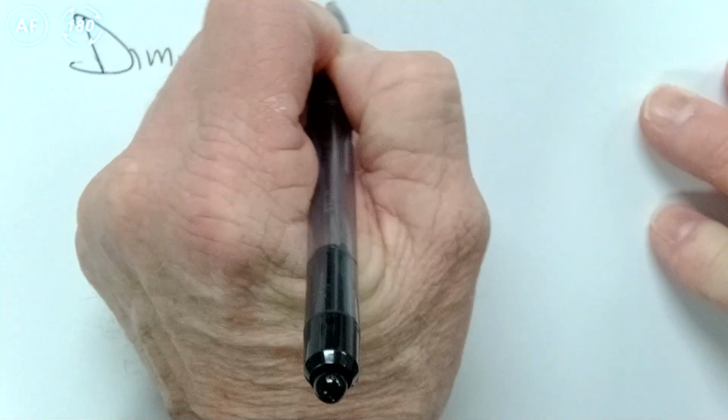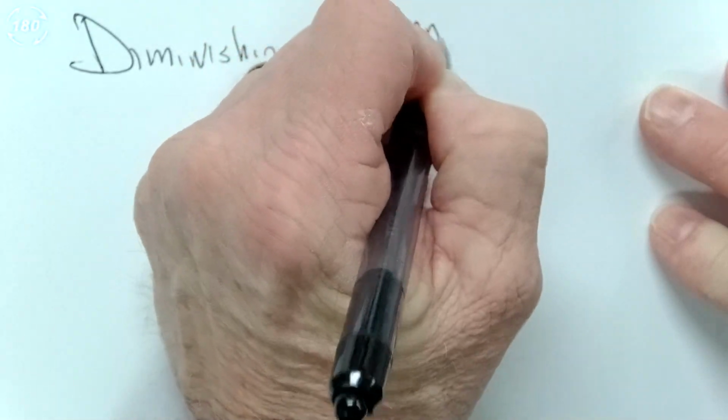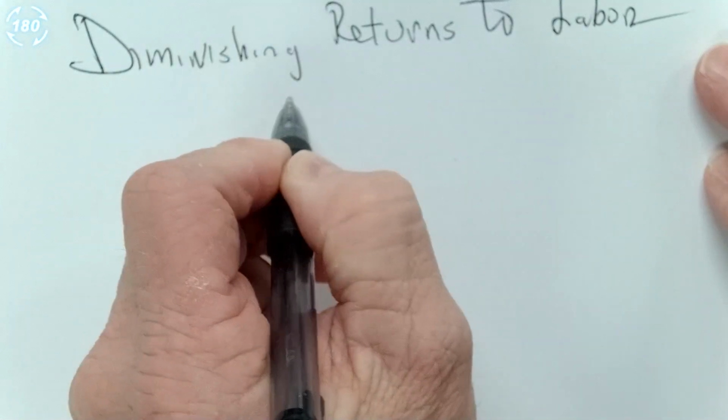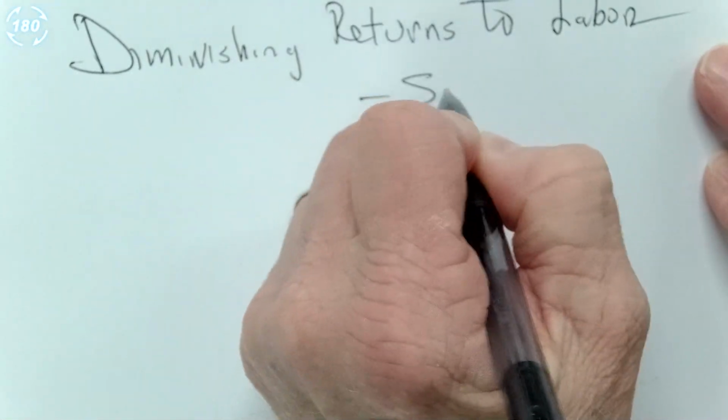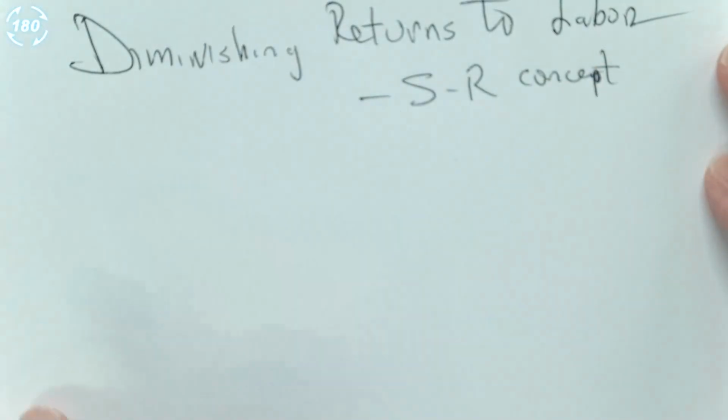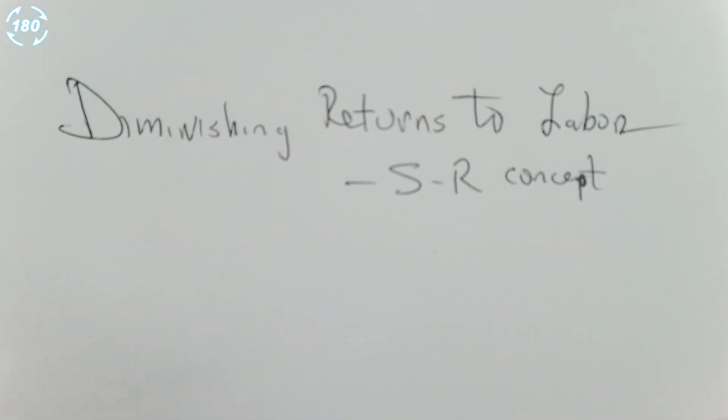So I want to make sure we all understand that diminishing returns to whatever it is, could be labor or whatever, is a short run concept. This is a phenomenon that's forced upon us in the short run because we have only so much capital, say, to work with for each unit of labor.